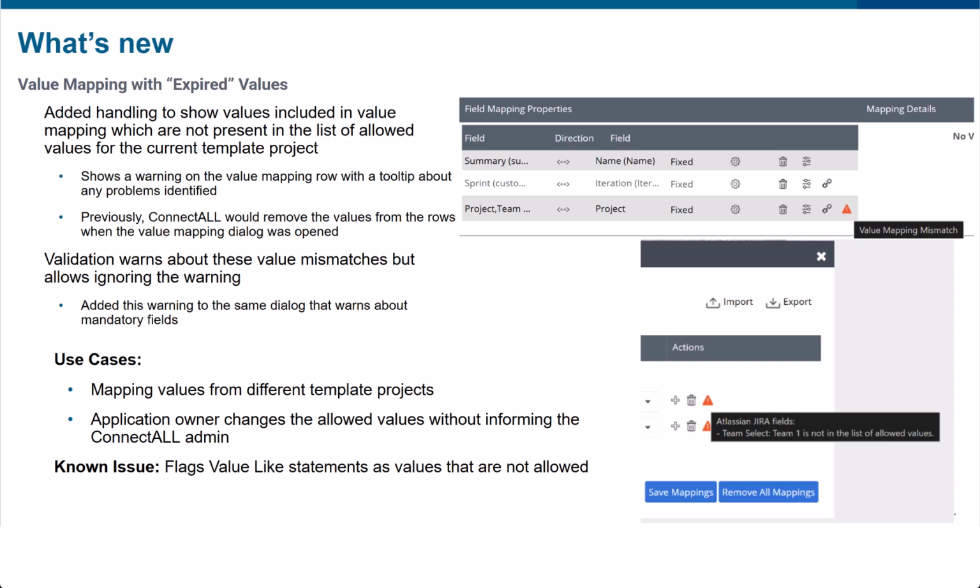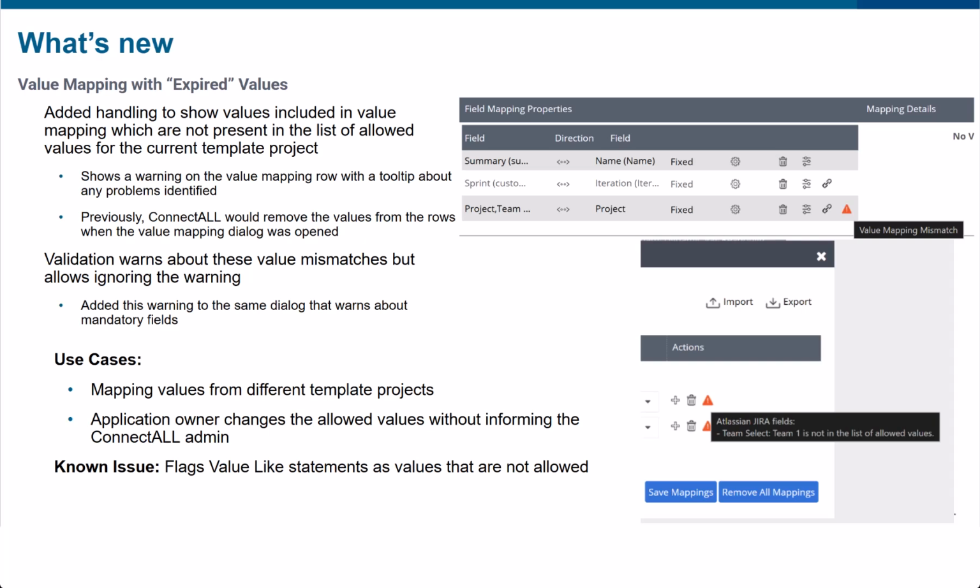This use case also addresses something that we saw in one of our internal use cases where things are being synced from Rally 100 to a demo environment. And in Rally 100, the values for the investment categories were changed. And there was good reasons to do this. But the project manager on the Rally side didn't inform the ConnectALL folks that this was happening.